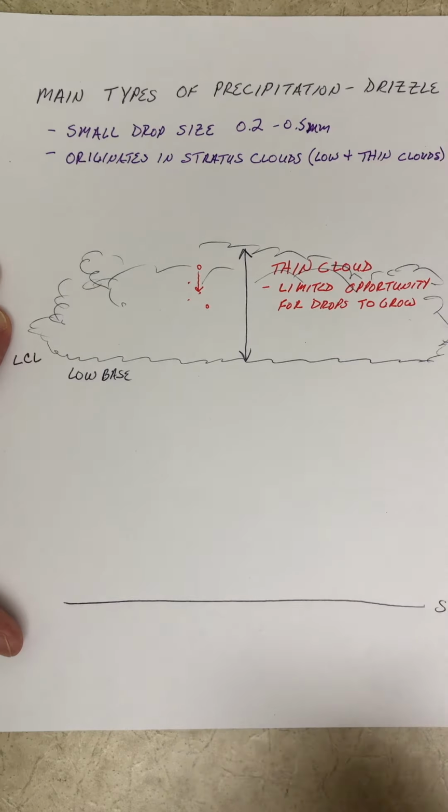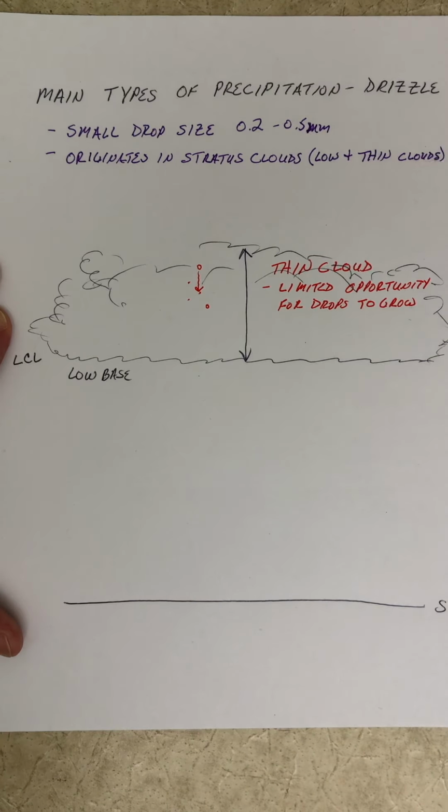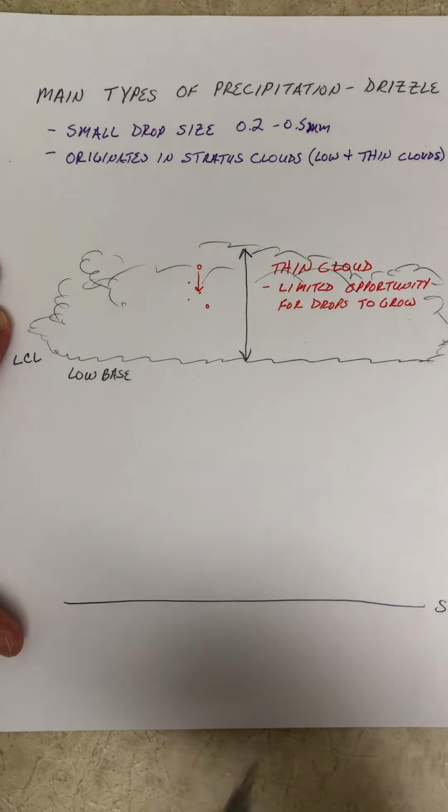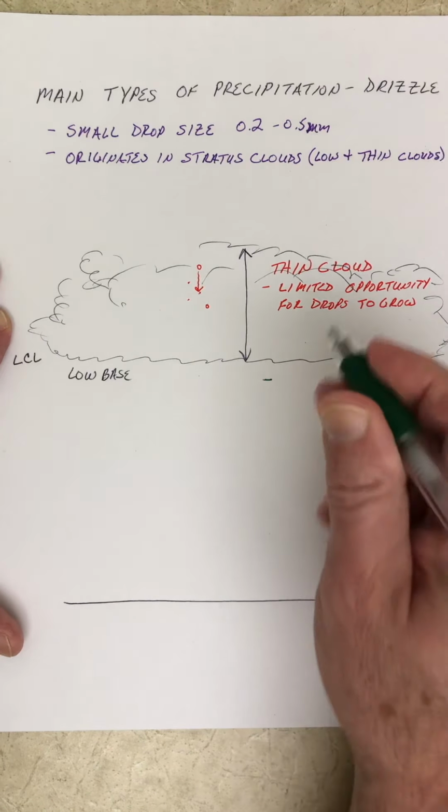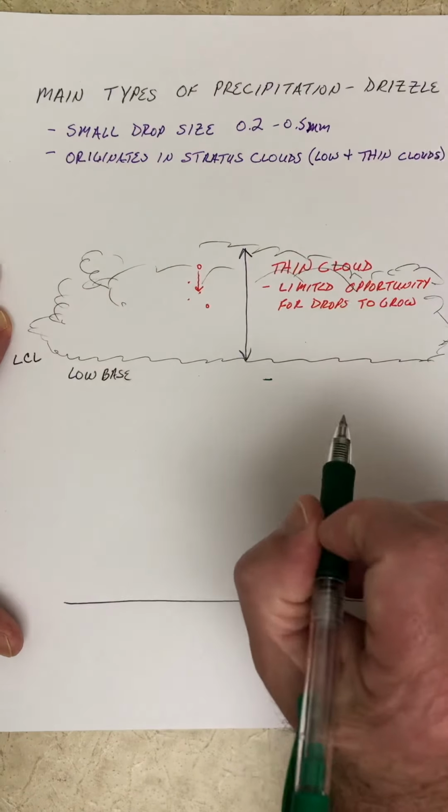Okay, and so other things we need to keep in mind then, as this drizzle drop then falls below the cloud base. Okay, so it's a smaller one.